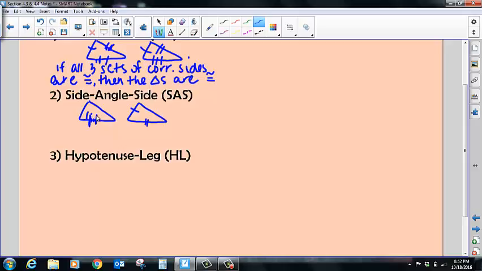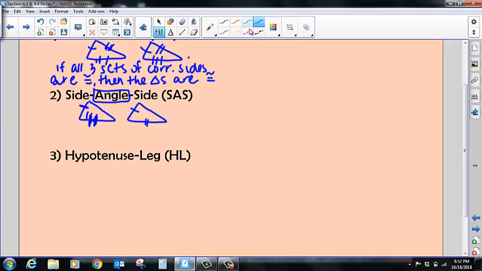This has two lines here, you guys. And then this here is one. So where the angle needs to be located is if you guys look in the title of this method, side angle side, the angle has to connect the two sides together.